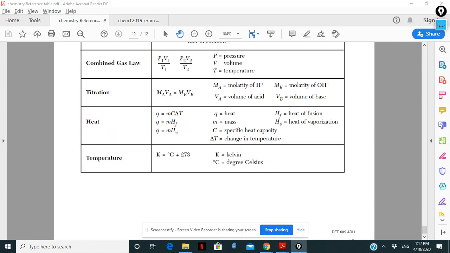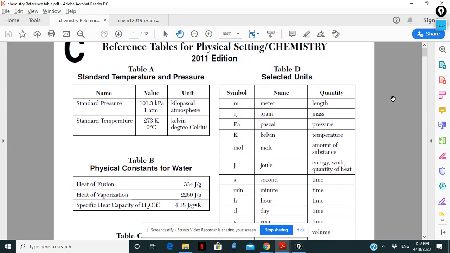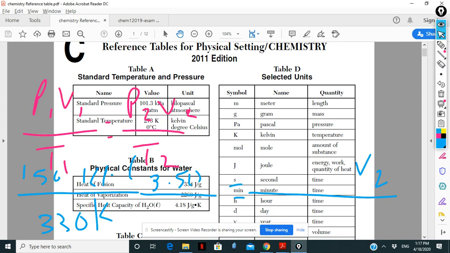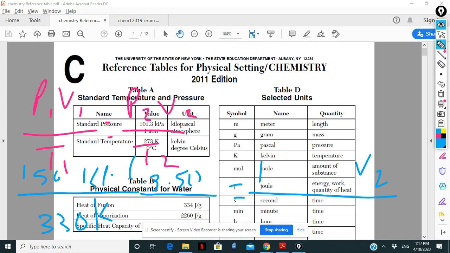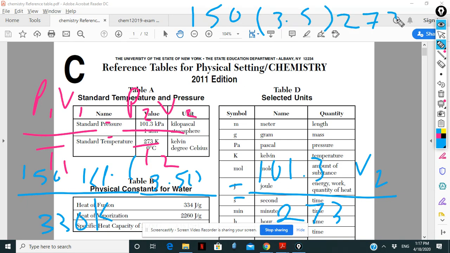For STP, I need to know the pressure and temperature, so I go all the way to the first page. Standard pressure is 101.3 and standard temperature is 273. So I have to multiply 150 times 3.5 times 273, and divide it by 330 and 101.3 to get the answer.